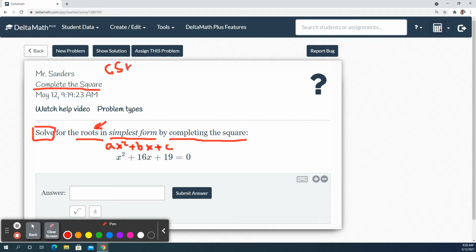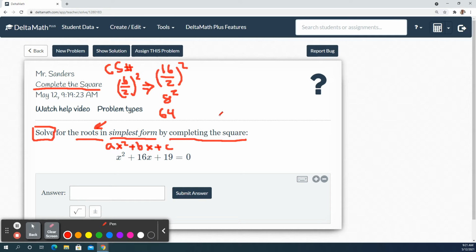Do you remember what that is? b over 2 quantity squared, which in this one is 16 over 2 quantity squared. 8 squared is 64. So that's the number that we're interjecting into this equation.